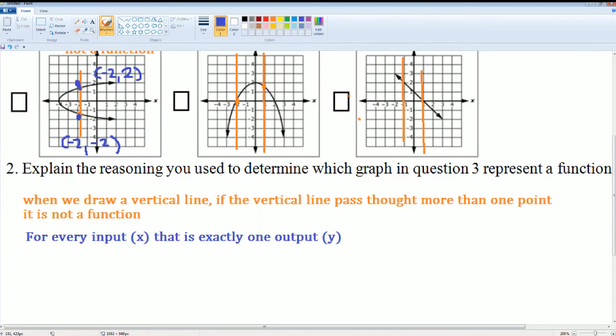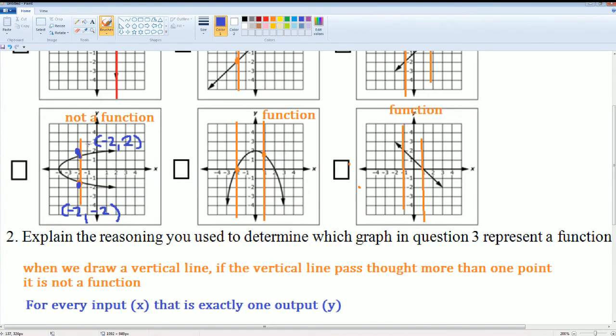Notice that these two have the same x value, which is your input. But what was your output? The output here was -2, but they also said 2. Do you see how it doesn't make sense? They're two separate outputs. That's why it's not a function.